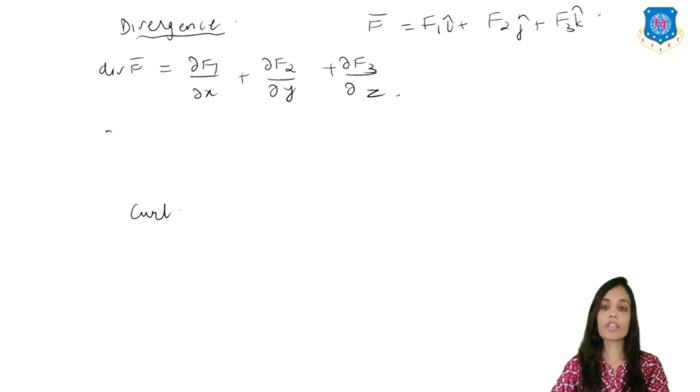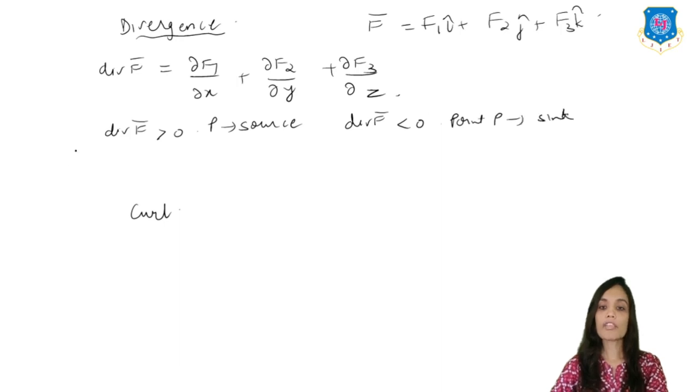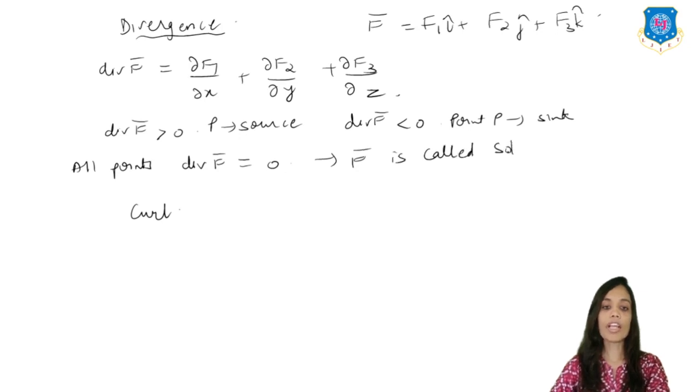From this we have studied that if divergence of f bar is greater than 0 at any point P, then P is known as a source. If divergence of f bar is less than 0, then point P is known as a sink. And if at all points divergence of f bar is equal to 0, then f bar is known as a solenoidal vector field.